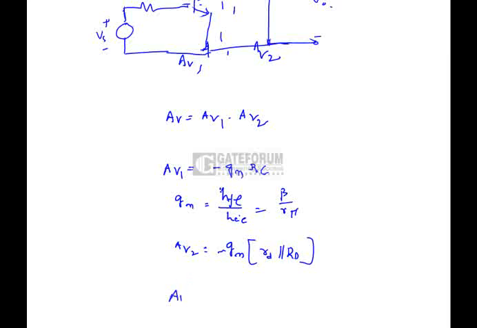So total A_V is the product of these two. If we calculate, we will get the total gain as 445.